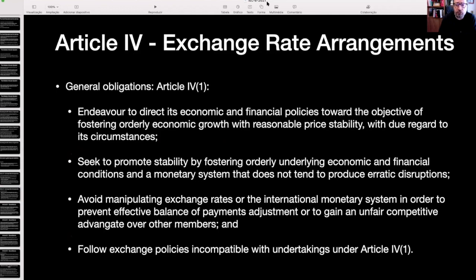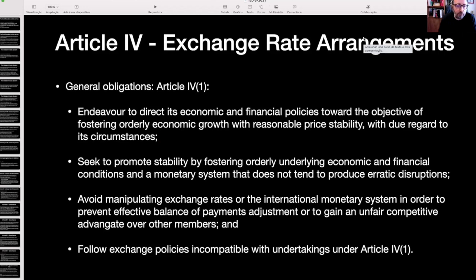So as you can see, they should try to direct their economic and financial policies in a way that is conducive to the objectives of sustaining economic growth with price stability, to try and promote that stability by attending to their domestic economies and the financial conditions.